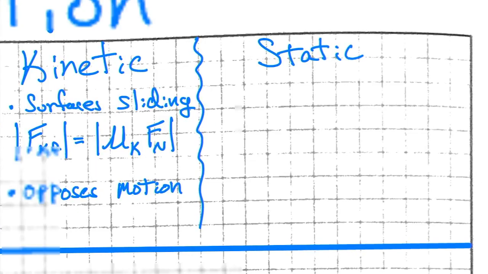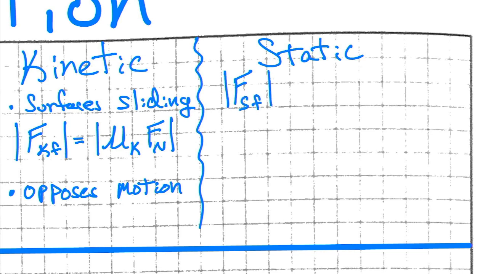Then we have static friction. For static friction, the force of static friction, again, this is a magnitude, is going to be less than or equal to mu s times the normal force. Same basic formula as kinetic friction, coefficient times normal force.